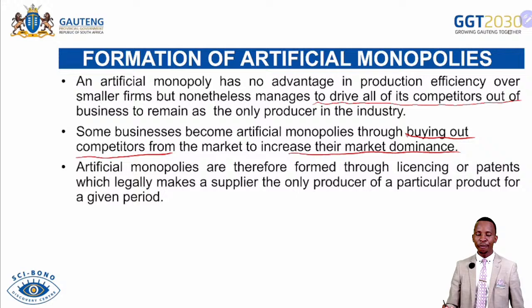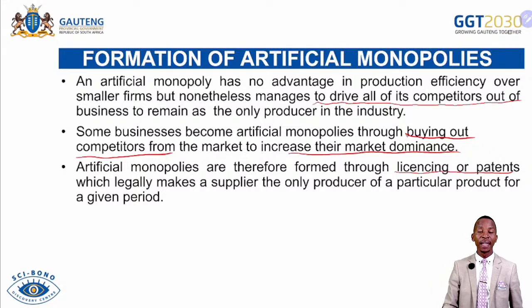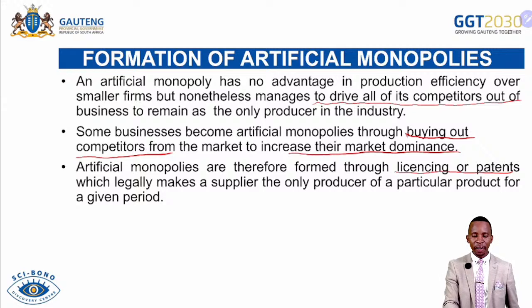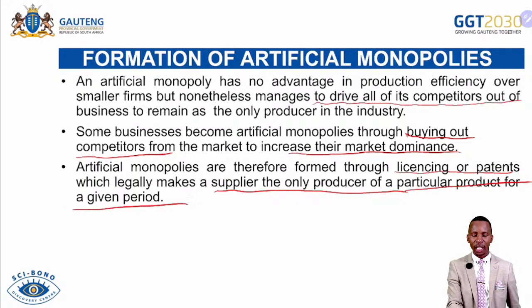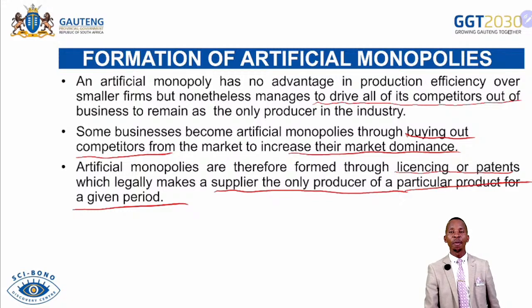Artificial monopolies are therefore formed through licensing or patents. Patents or licenses will be given to a firm to be the main supplier of the product without any competitor for the given period of time, which legally makes a supplier the only producer of a particular product for that period. The firm can become the only supplier of the product because of the patent, maybe for 20 years.